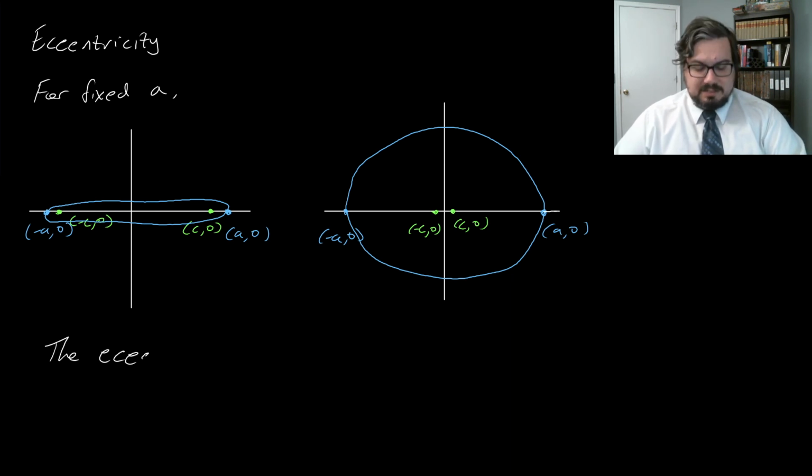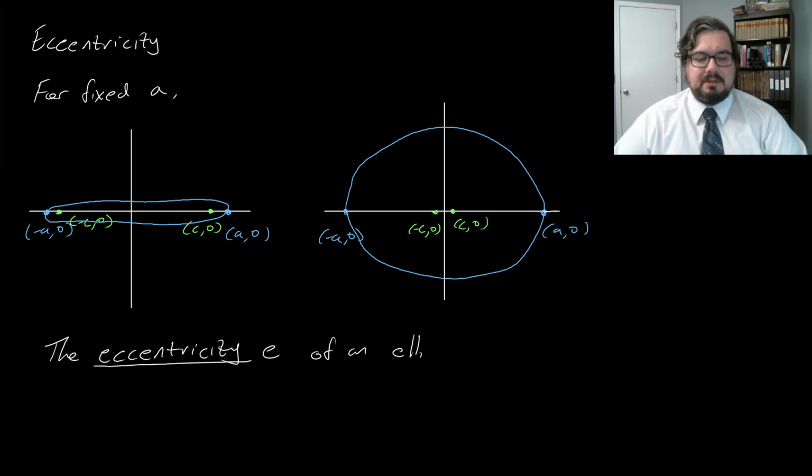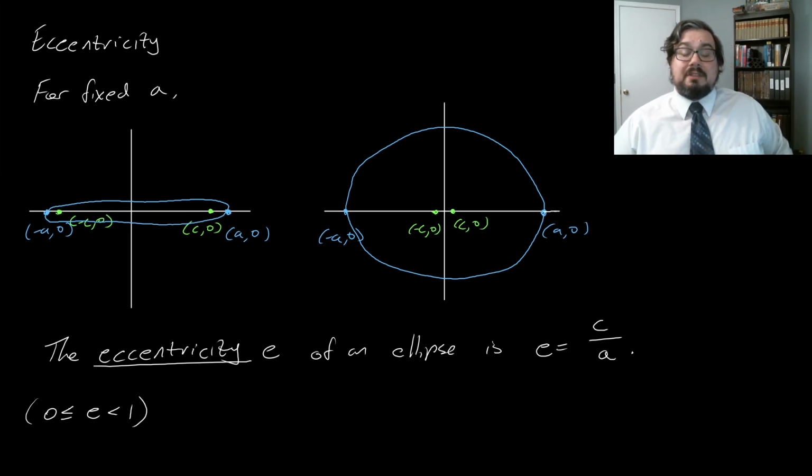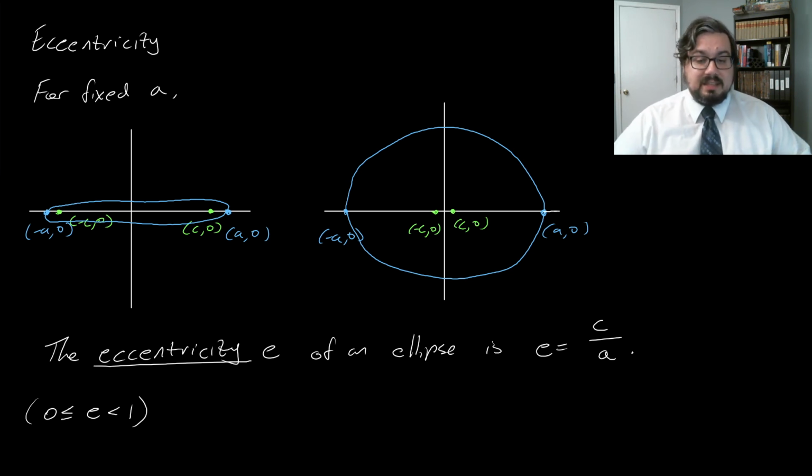The eccentricity E of an ellipse is E equals C divided by A. So, in particular, we can see from here that the eccentricity is always greater than or equal to 0 and strictly less than 1 because we didn't allow C and A to actually be equal to each other. If the eccentricity is equal to 0, then the ellipse is a circle.